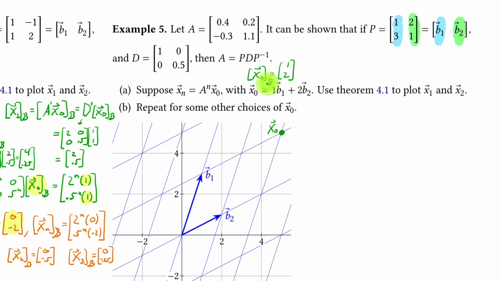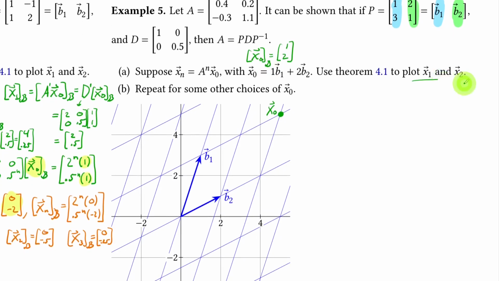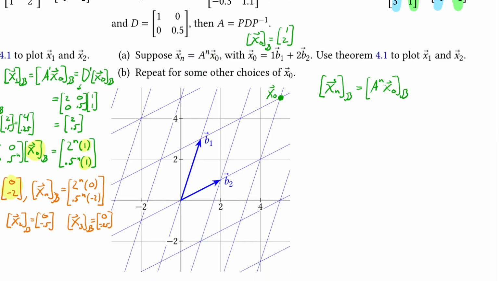Okay, now, again, we're going to use theorem 4.1 to plot x1 and x2. And the trick is still going to be that, well, first, before we do the trick, just the definition of xn means A to the power n times x0.